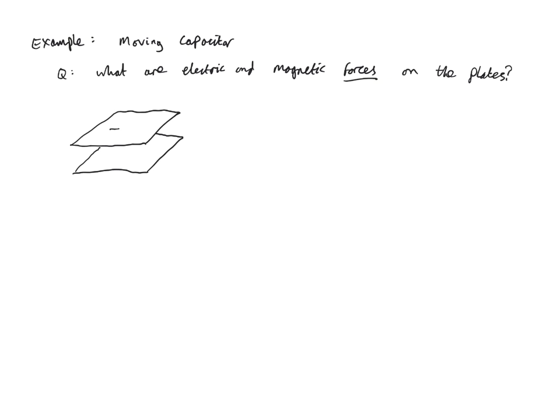So let's say that there's a charge density plus sigma on the upper plate and a charge density of minus sigma on the lower plate. And we'll imagine that this whole system, both plates, is moving along the x-axis with some velocity v. So let's first of all, in the first part of the question, work out the electric forces on the lower plate.